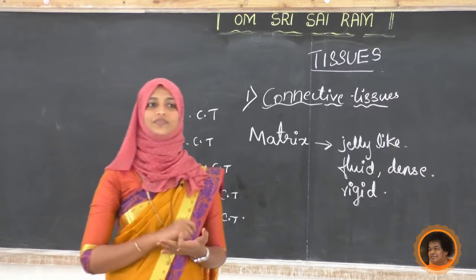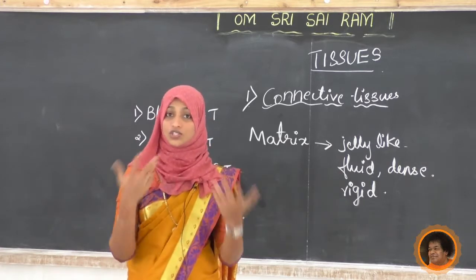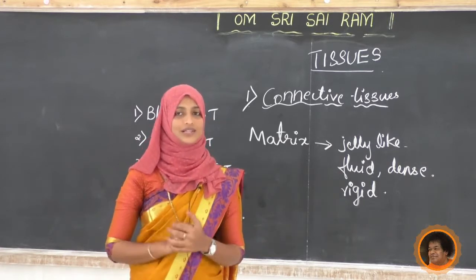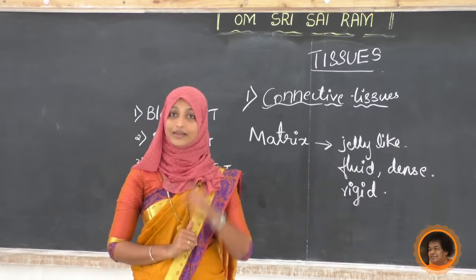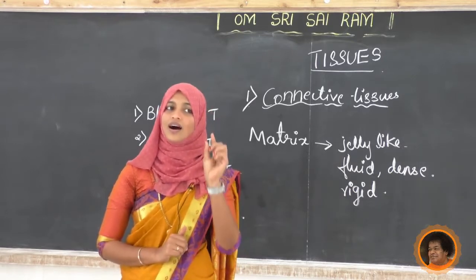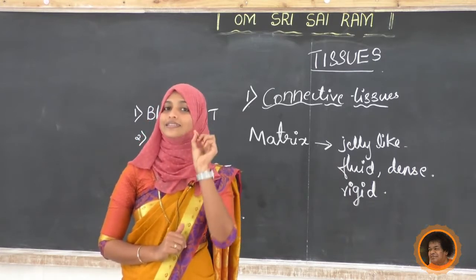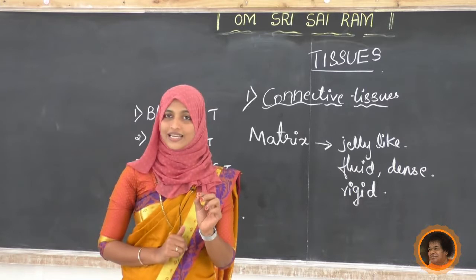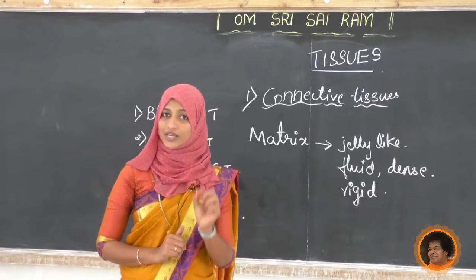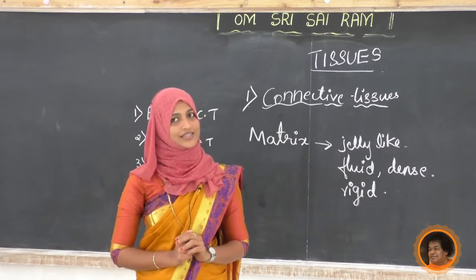It also contains proteins, salts and hormones. So that is the fluid connective tissue with a hard matrix, and the plasma has WBC, RBC, platelets, proteins, salts and hormones.